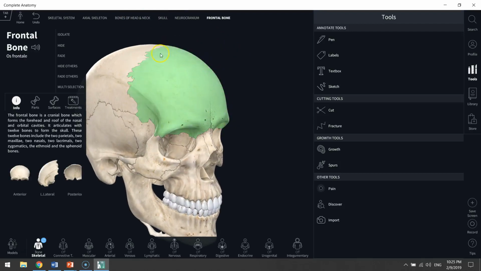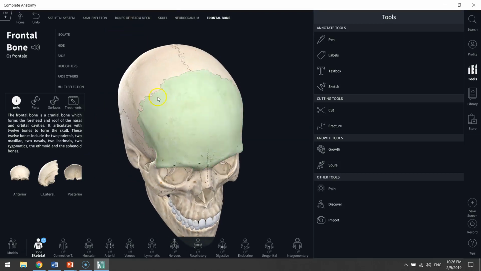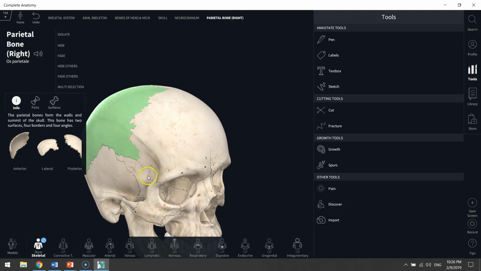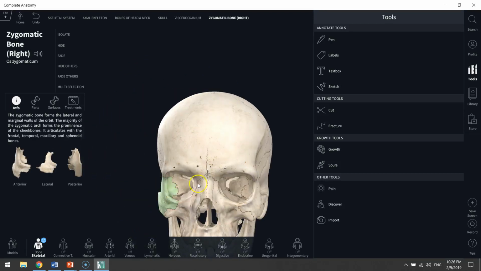A single flat bone that extends into the hairline, it forms an articulation with the parietal bones through the coronal suture. Laterally, it articulates with the sphenoid and the zygomatic bone through the zygomatic process.